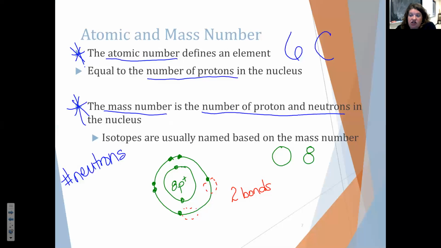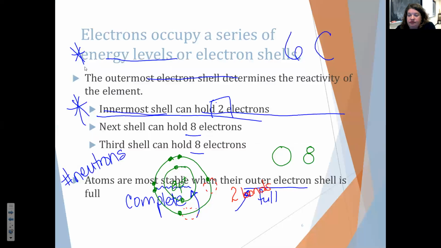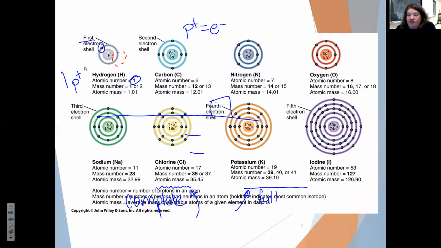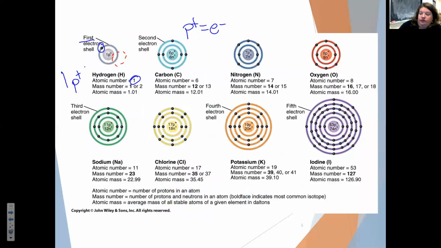So let's go back and look at oxygen on our big figure. Oxygen has an atomic number of 8, and oxygen comes in 3 versions, the most common of which is oxygen 16.